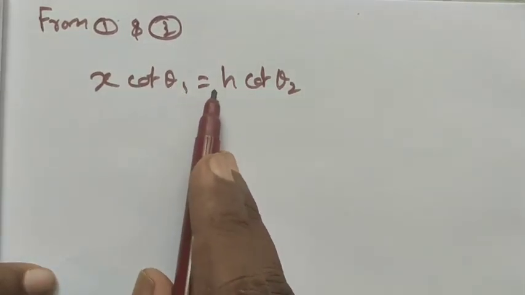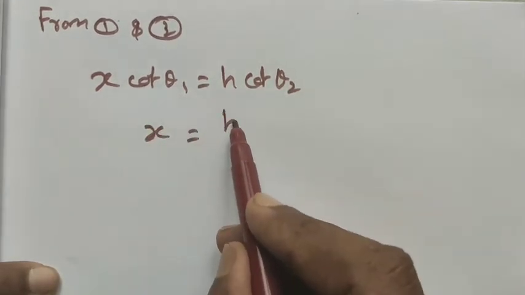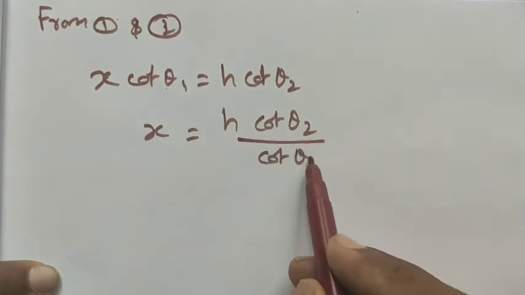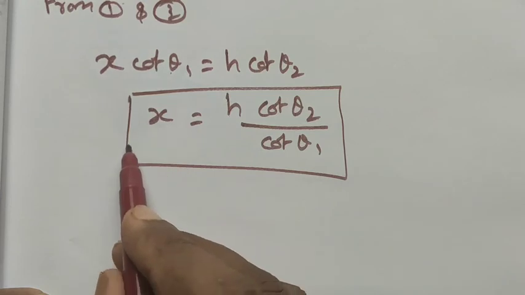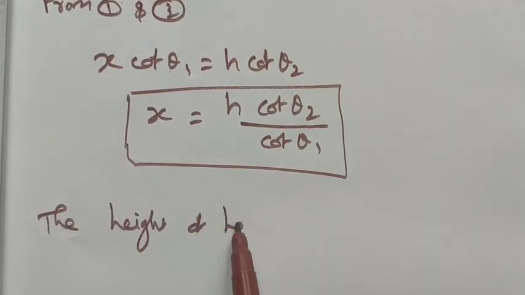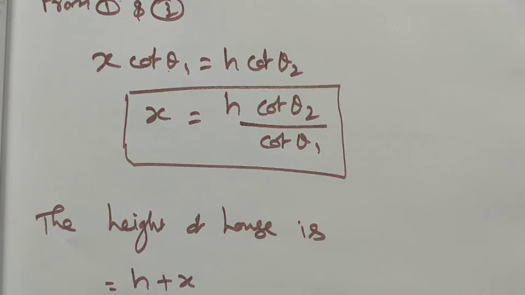x cot theta 1 is equal to h cot theta 2. So x is equal to h cot theta 2 divided by cot theta 1. Let me take this as the x value, right? The height of the house is h plus x.